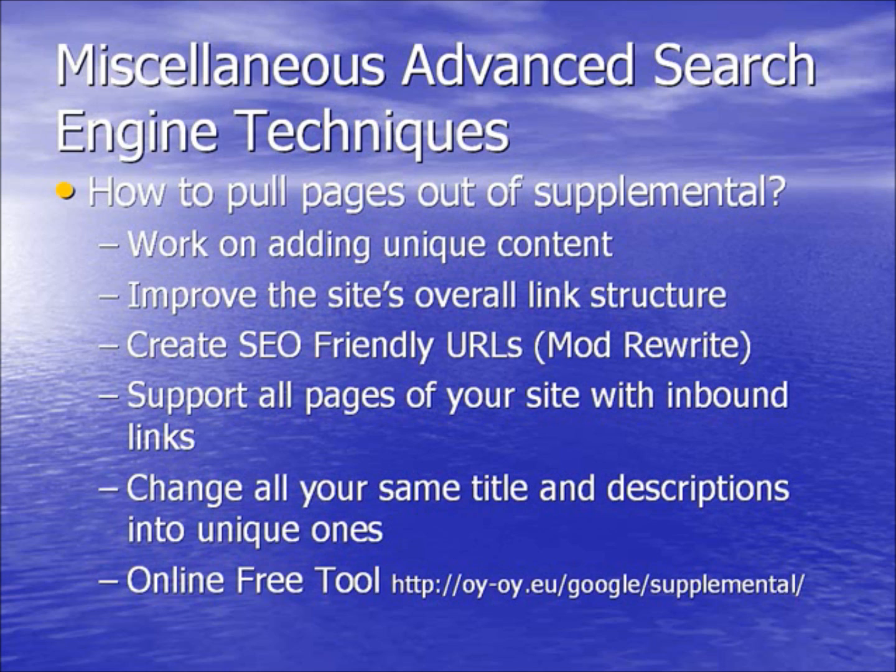How do we go about doing this? The first thing we should do is add more unique content to the website. The more unique, quality content that we have on the website, the quicker it will get out of the supplemental index. Improve the site's overall link structure.